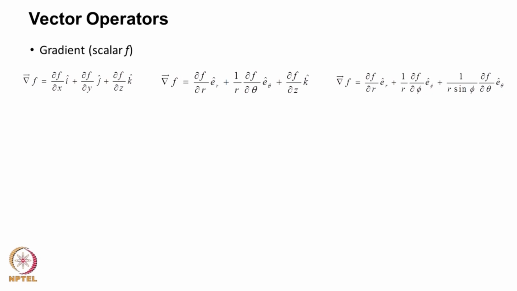You can also get a gradient expression in other coordinate systems, r and theta, which is defined here as dou f by dou r and the unit vector in the r coordinate system, e_r. Similarly for the second and third terms. In the same way, you can also define the gradient operator in the spherical coordinate system, which is given in the last expression.